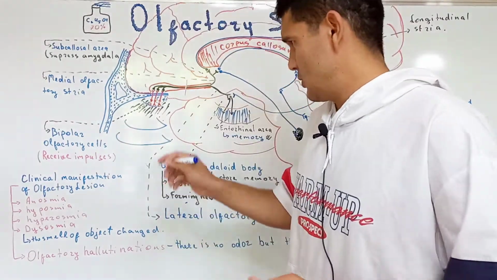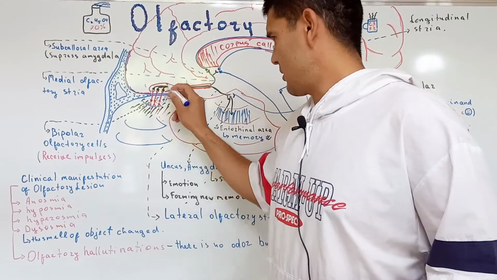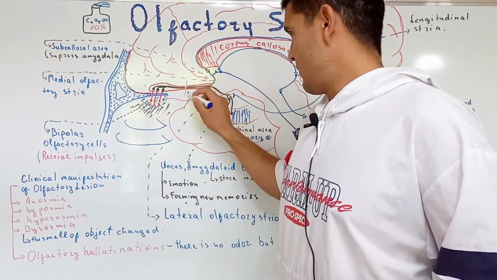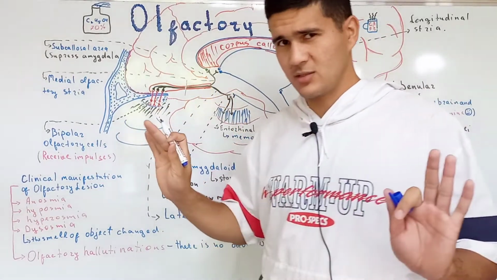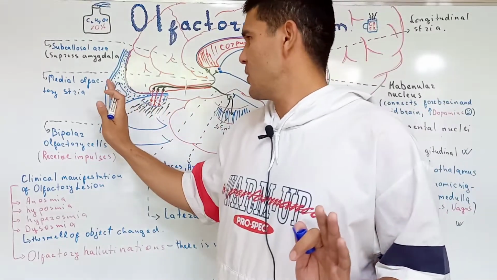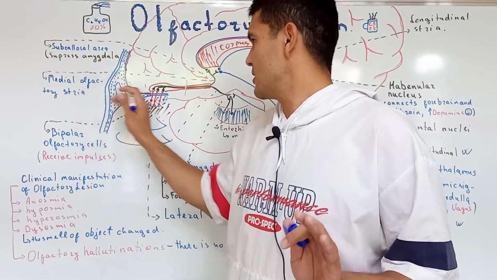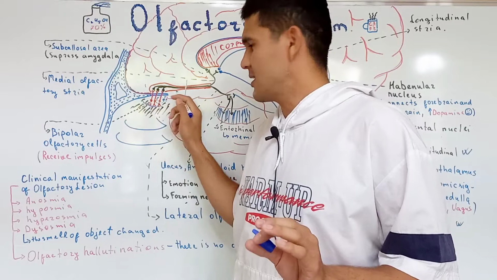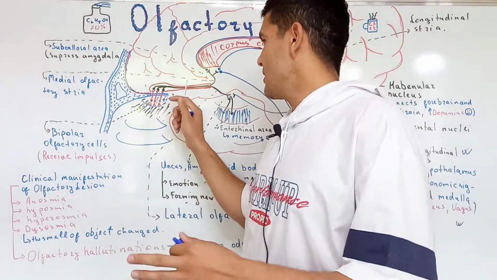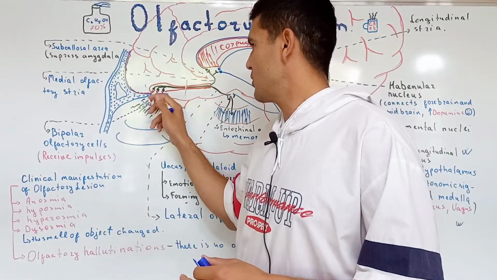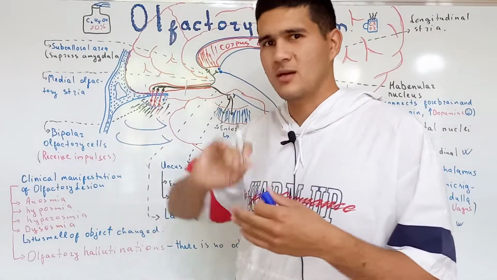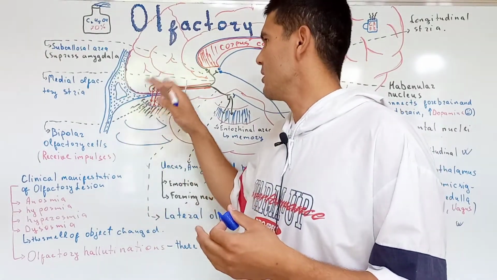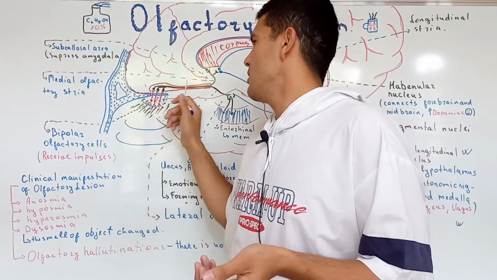It might be due to loss of receptor neurons, the second neuron, or lesions in the tractus. When the patient gets trauma, this part is susceptible to breakdown, and as a result, this breaking can impair the conducting of impulses from the bipolar neurons to the secondary neurons.